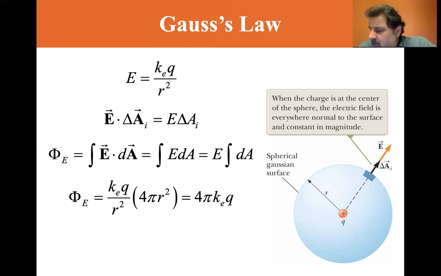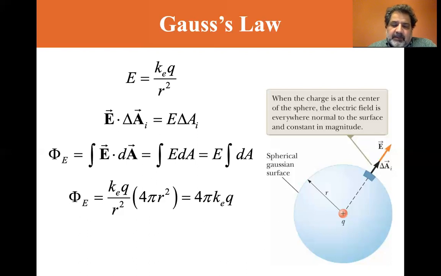Now, early on in the last chapter, when we talked about KE, we also defined KE as 1 over 4 pi epsilon 0, where epsilon 0 is the permittivity of free space, which is 8.8542 times 10 to the minus 12 Coulomb squared over Newton meter squared.